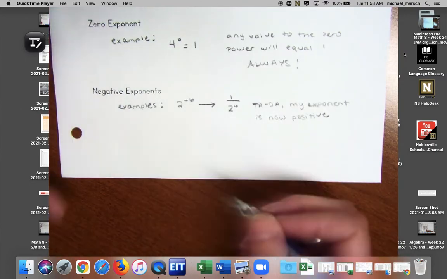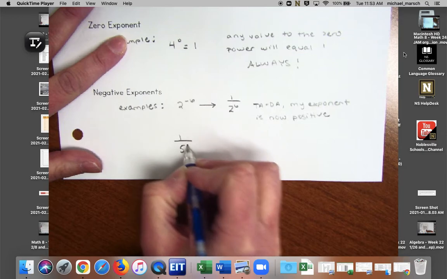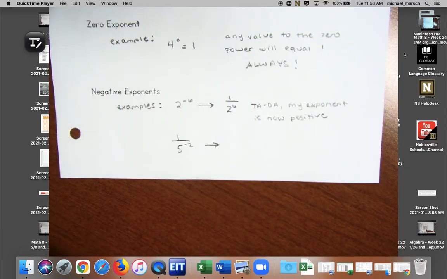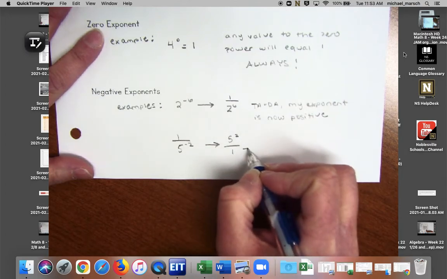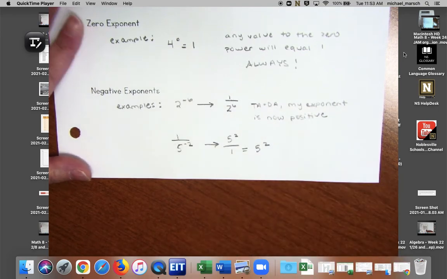Okay, so let's do our other example. What if I have 1 over 5 to the negative 2? What do you think I'm going to have to do to transform that? Because I can't have a negative. It's just going to be 5 squared. So I move it to the numerator, put it over 1 just so I can see that process, and so really I get 5 squared.